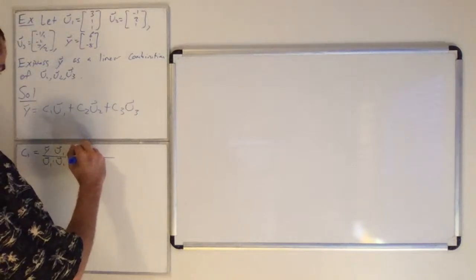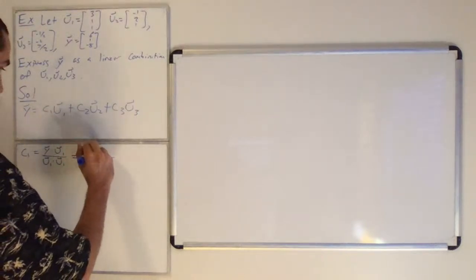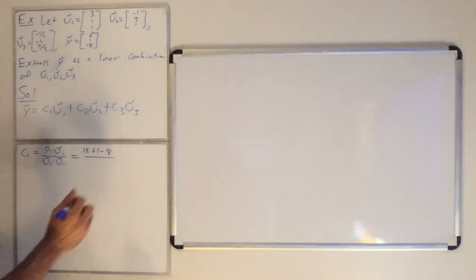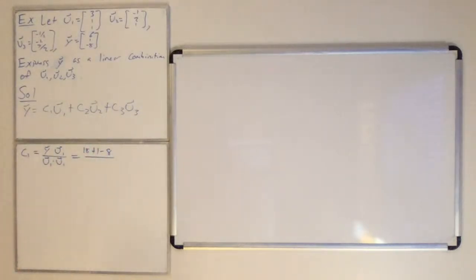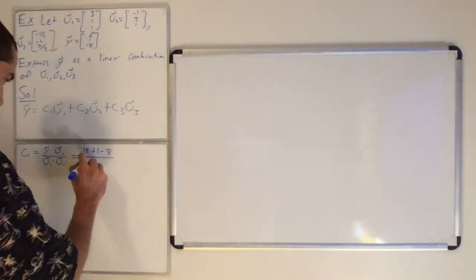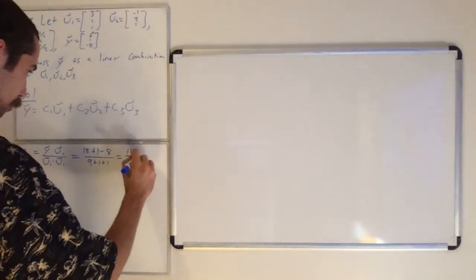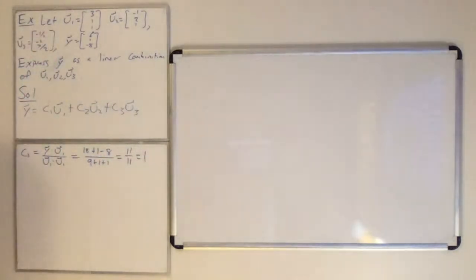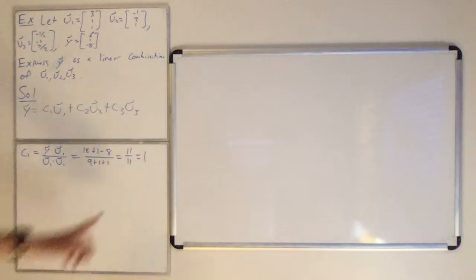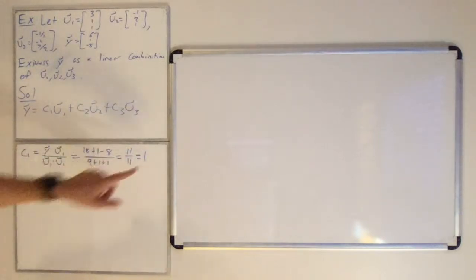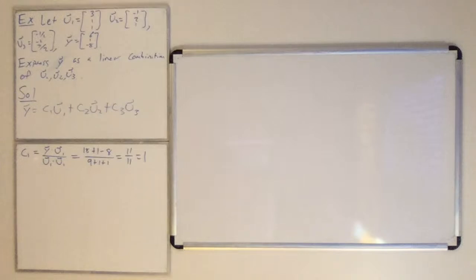When we do this calculation, the dot product of y with u1 is 18 plus 1 minus 8. That's our numerator. And our denominator is just 9 plus 1 plus 1. So our coefficient of u1 in this expansion is 1. We can do the same thing for u2 and u3.